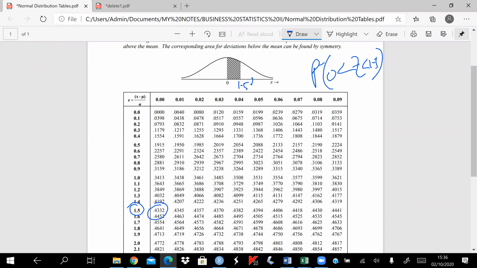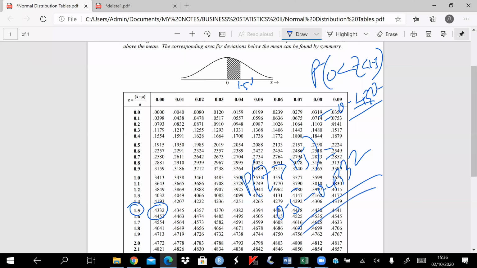The area from 0 to 1.5 is 0.4332. That means if I need the probability that Z is bigger than 1.5, I use the complement, because the table gives me from 0 to 1.5. I know from 0 to positive infinity is 0.5 of the area. So this will be given by 0.5 minus 0.4332. The area above Z being 1.5 is given by that.